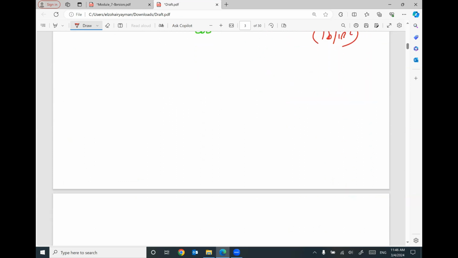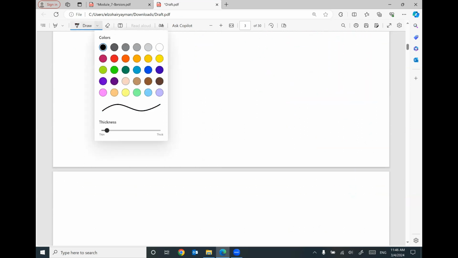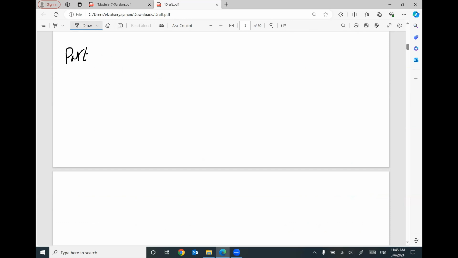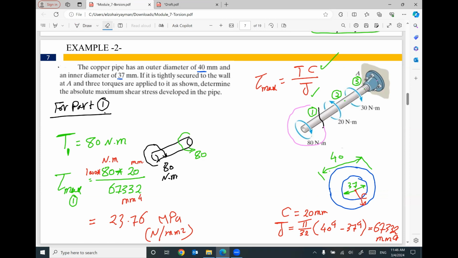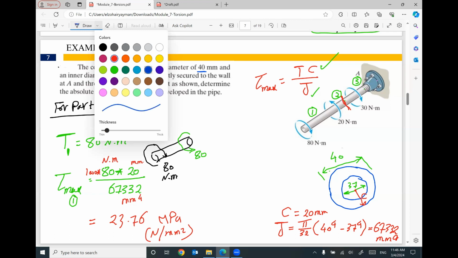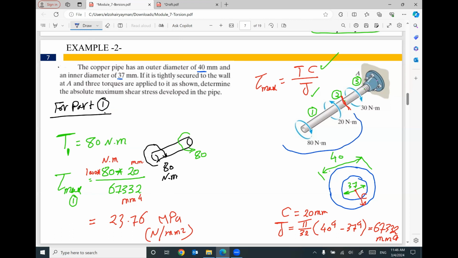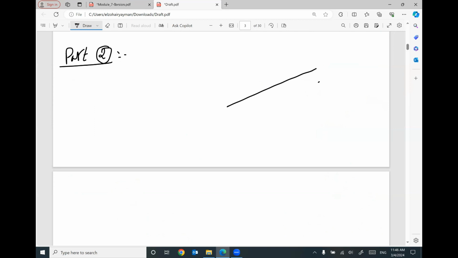Let's do the shear stress in part number 2. If you would like to figure out the stress in part number 2, I am going to do a cut in part number 2. And I will also use the left part because I don't like to use the reaction at E. So in this part, I have this shaft. It looks like this. I did the cut here.